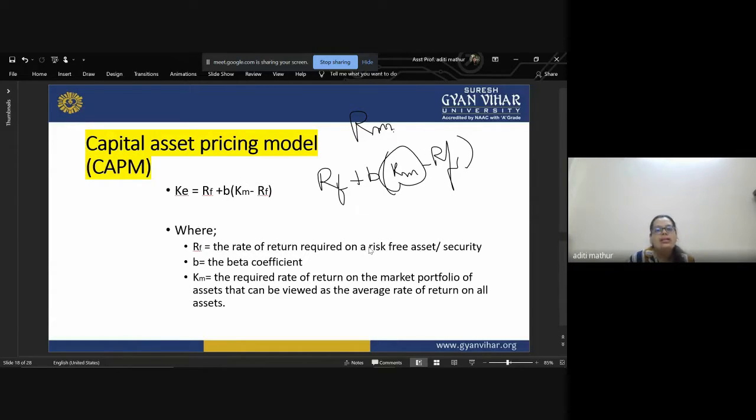Now let us understand which word expresses what element. Rf is your rate of return required on risk-free security. Your beta signifies the market risk. Then your Km is the required rate of return in the market which is going on currently, and then again your Rf. When you implement this, you will come to know your KE.